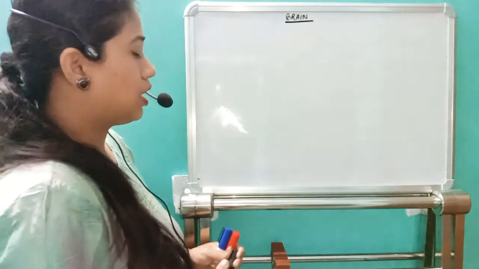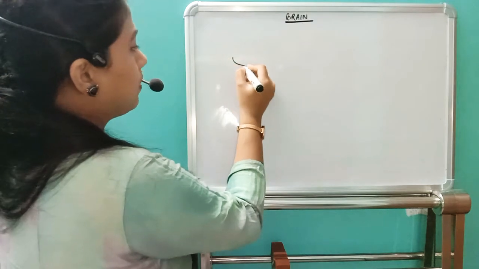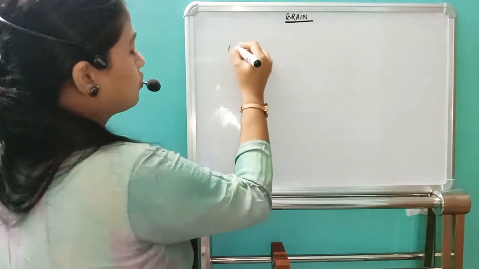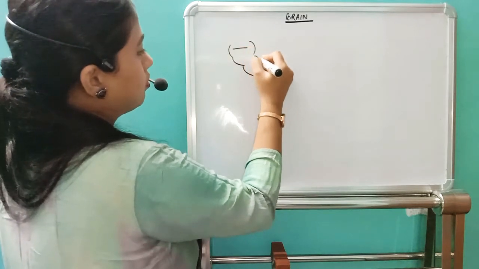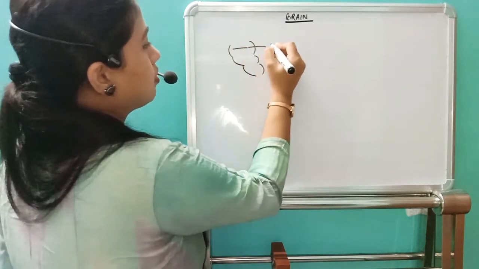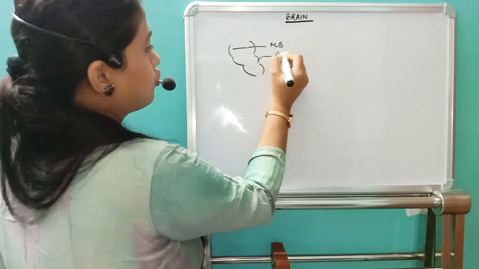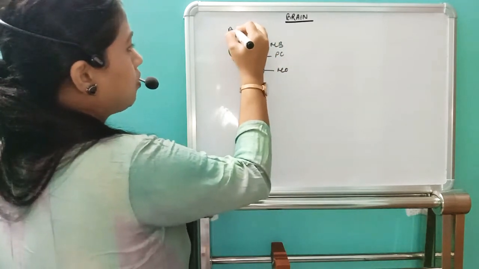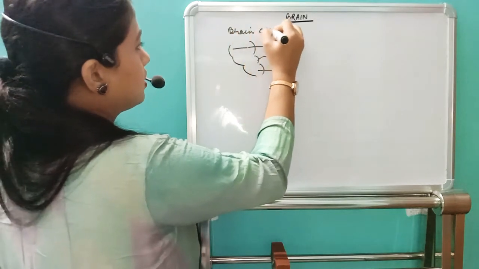So in case of the brain, what happens, the pons varolii, medulla oblongata and the midbrain. So suppose this is the midbrain, this is the pons varolii, this is the medulla oblongata. So this will be called as the brain stem.